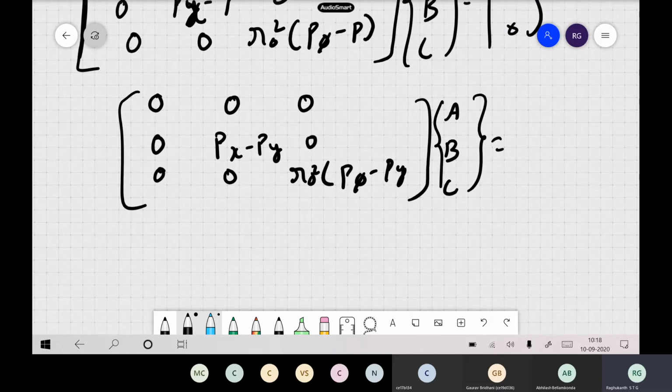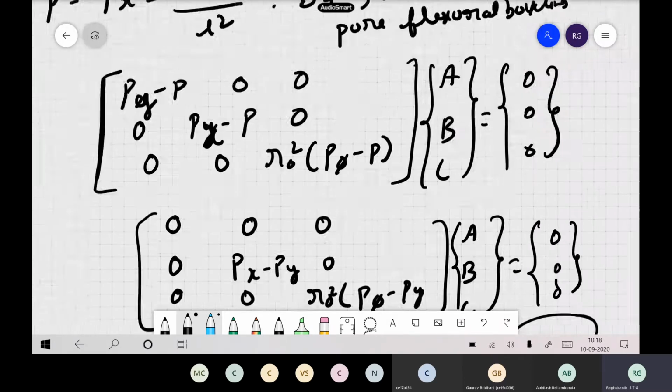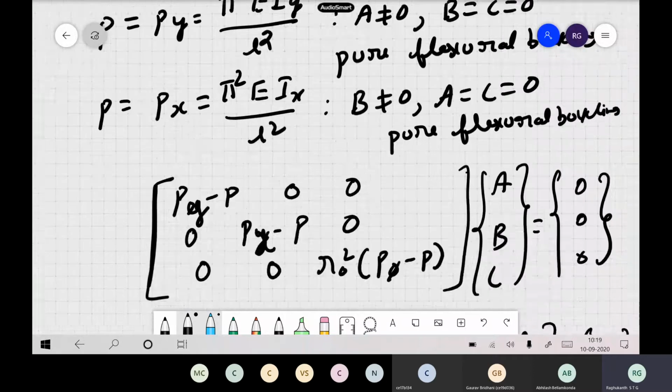Anyway, 0 into A, 0 into B, 0 into C, so the first equation is automatically satisfied. Which means A cannot be equal to 0, whereas B and C have to be 0 to satisfy these equations. So for the first case A cannot be 0, B and C are 0, which means pure flexural buckling. Like this you can go back and find out your eigenvector also.